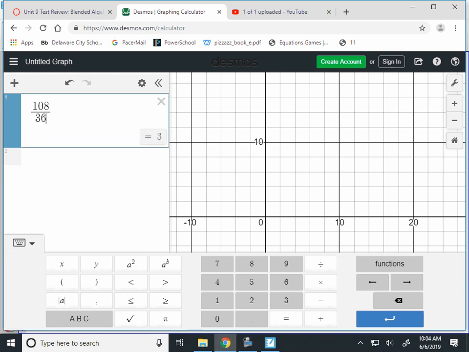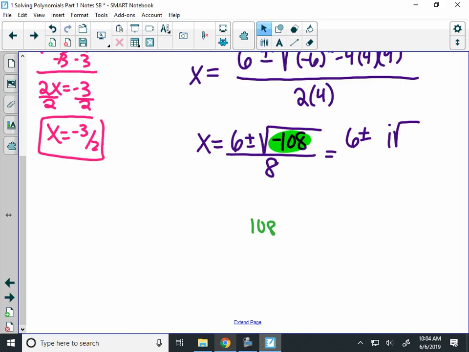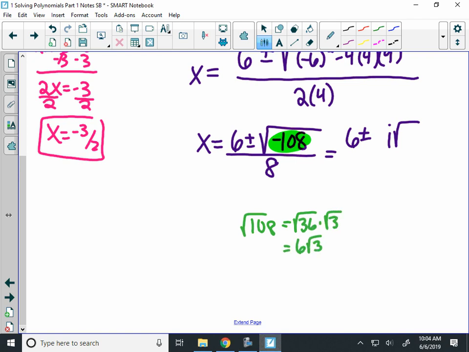If I divide it by 36, oh, that works, 36 and 3. 36 is a perfect square, so the square root of 36 is 6, times radical 3, which is 6 radical 3. So when I rewrite this, I'll have 6i radical 3 all over 8.